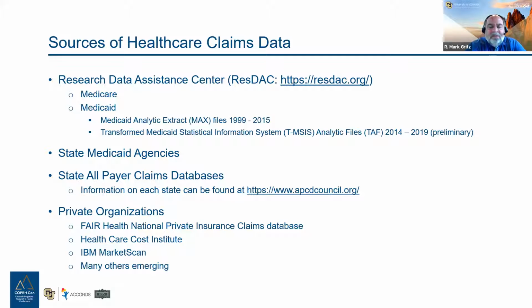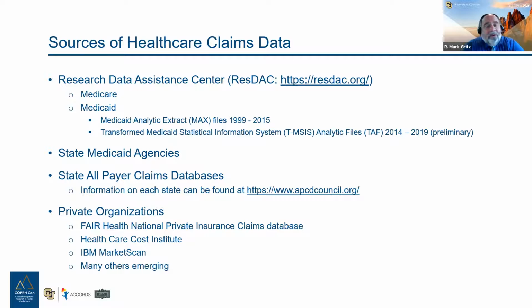But again, it provides a very rich source of information that includes Medicare, Medicaid, as well as commercial insurance. Obviously, if someone is uninsured, they're not going to have information on their healthcare cost and utilization in these databases, as the sources come from the payers.